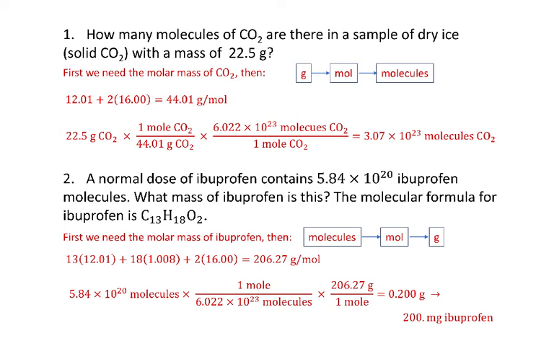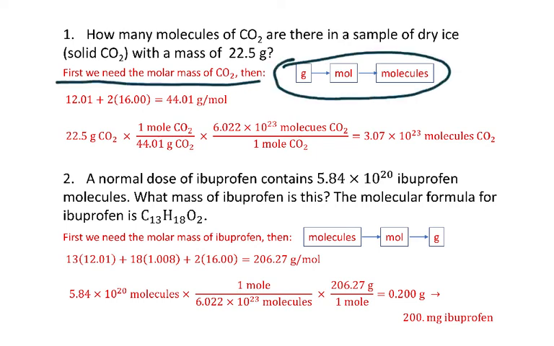Okay, so how many molecules of CO2 are there in a sample of dry ice with a mass of 22.5 grams? And dry ice is solid CO2. So first we need to find the molar mass of CO2, right? And then we'll use our conversion from grams to moles to molecules.